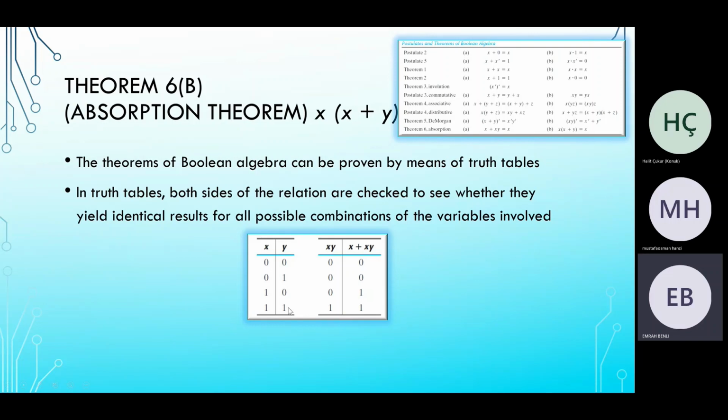Both of them are 1, 1 and 1 is 1. In all the other cases, we cannot have all inputs true, so we put 0 for them. Now let's go to this one. We are going to use x and y and x from here to get this one, which is this one.